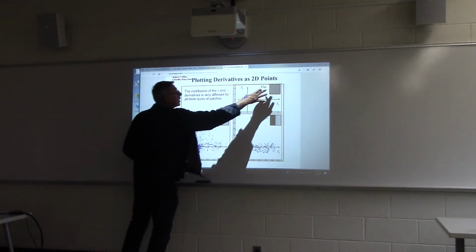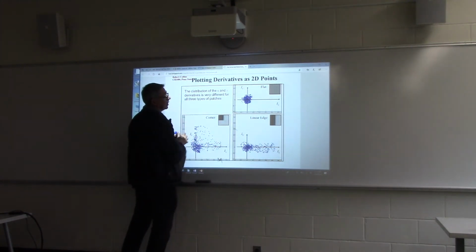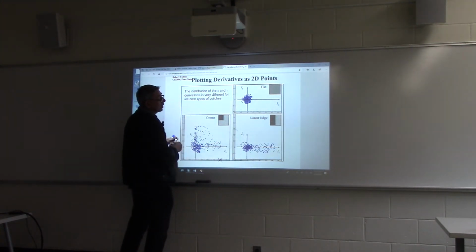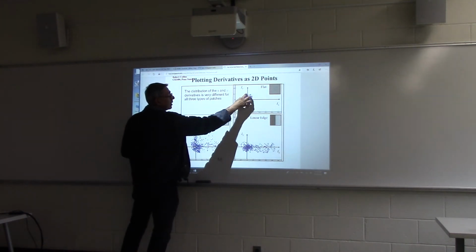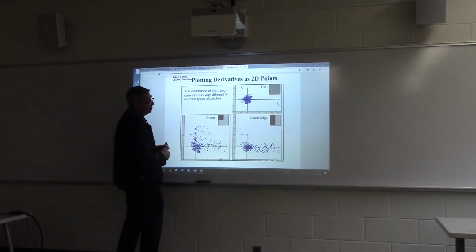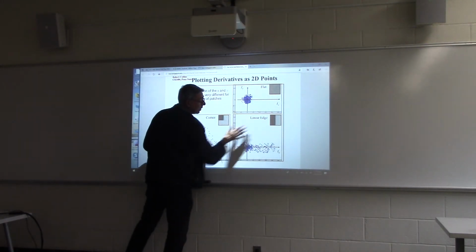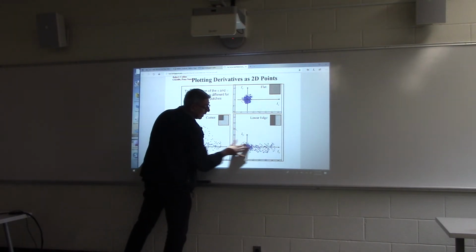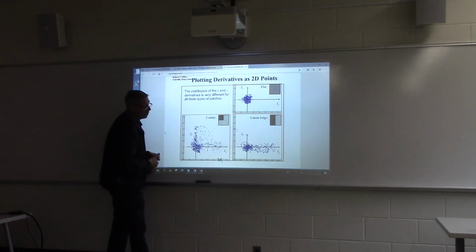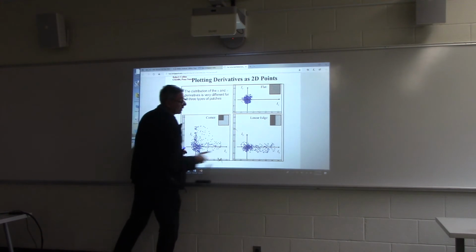If it is a really flat surface and moving the window doesn't do anything, then the data for Ix, Iy will be very clustered together. If it is an edge, then our Ix, Iy variation with respect to x and y will look something like this.